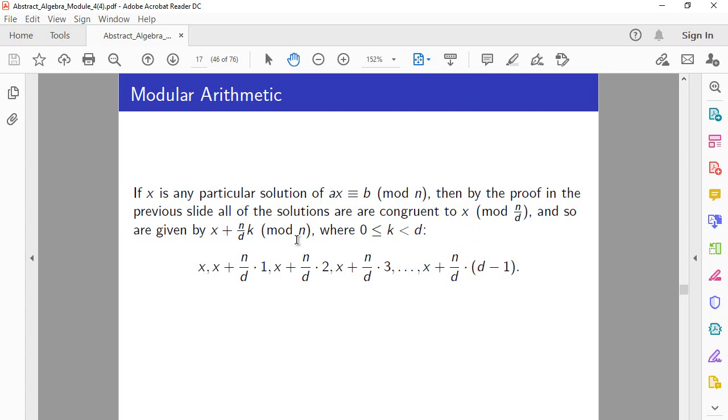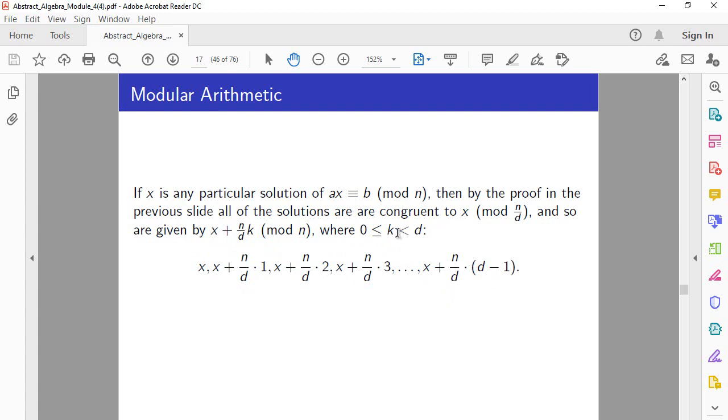Now in fact we obtain all the distinct solutions when k varies from 0 up to d minus 1. So when k is 0 we get x, when k is 1 we get x plus n over d, when k is 2 we get x plus 2n over d, and so on.